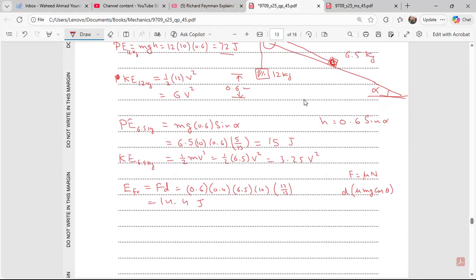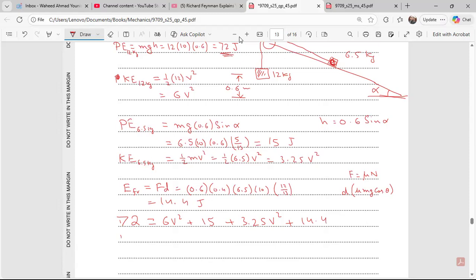So this energy, which was 72 joules, which was the energy lost by this object, right? So this 72 joules is equal to the energy gained by this one in the form of kinetic energy, so 6v squared, plus potential energy gained by this object, which is 15 joules, plus kinetic energy of this guy, which is 3.25 v squared joules, plus the energy lost against the friction, so 14.4 joules.